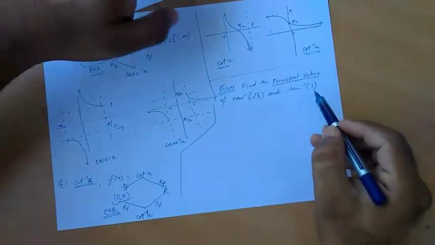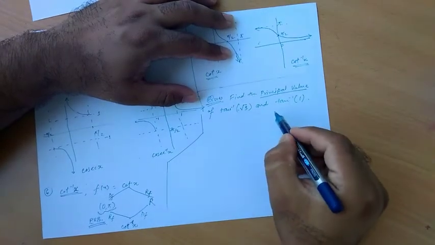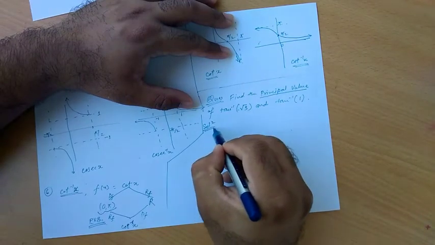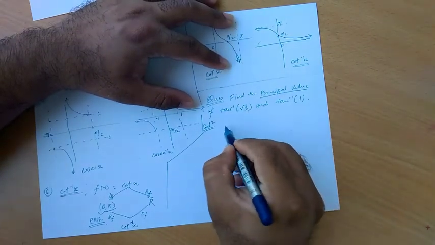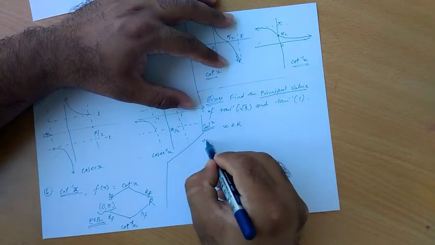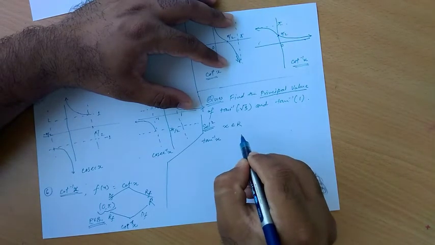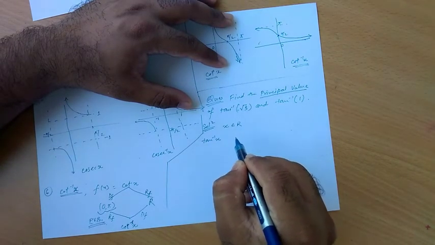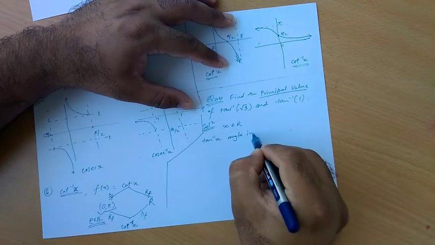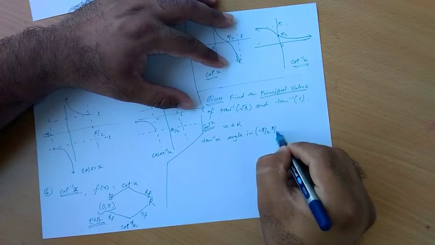Find the principal value of tan inverse -√3 and tan inverse 1. First of all, we know that for any x belonging to R, tan inverse x represents an angle, and definitely we'll consider the principal value branch, that is -pi/2 to pi/2.